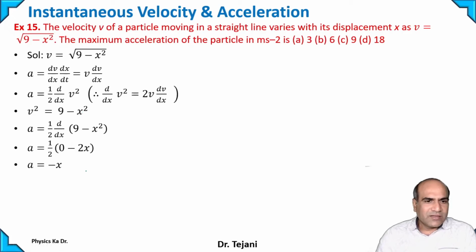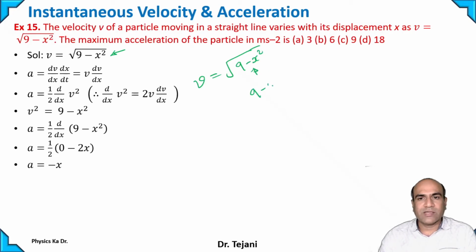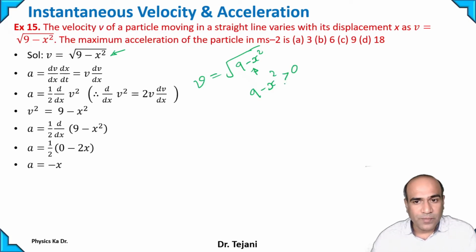Now we need to find the maximum acceleration. What should the value be? We got the equation here. But if you see the velocity equation, v is equal to under root of 9 minus x squared, and this term, 9 minus x squared, should be greater than or equal to 0.